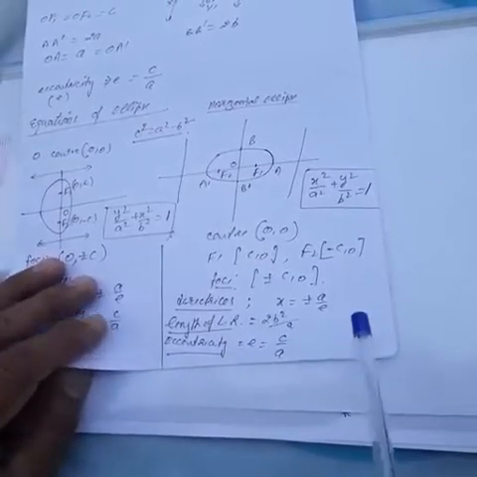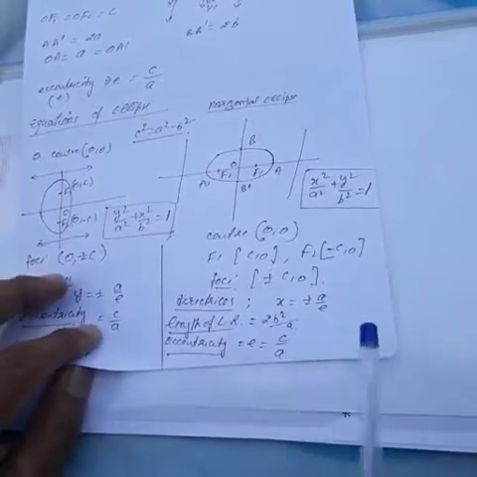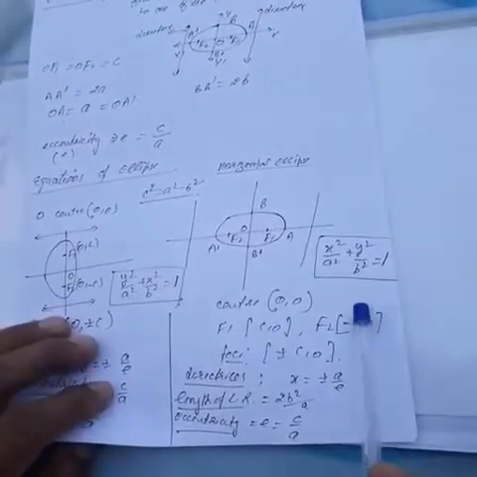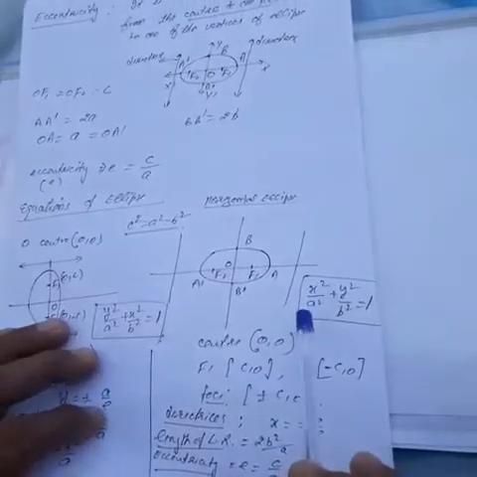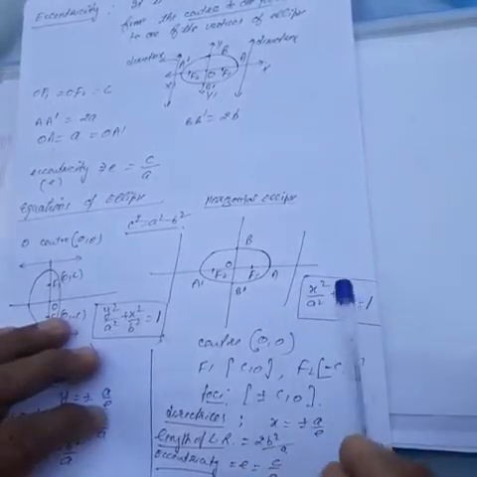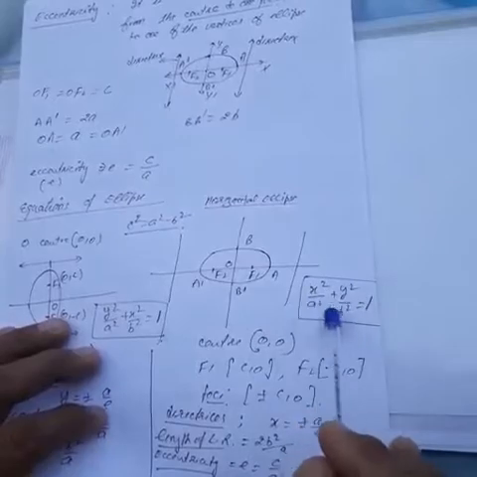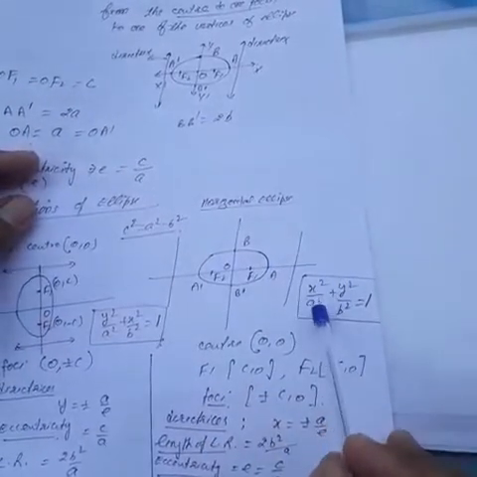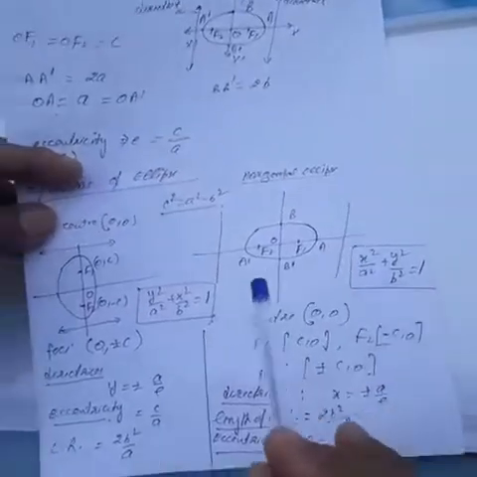The relation between a, b and c we have done earlier: c square equals a square minus b square. So the value of a will always be greater than b. The greater value will decide which is a, so we have to select which is the greater value. In a horizontal ellipse, the greater value will be under x square.